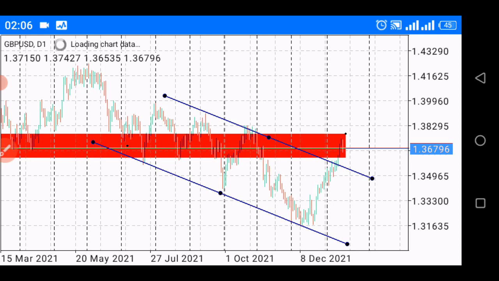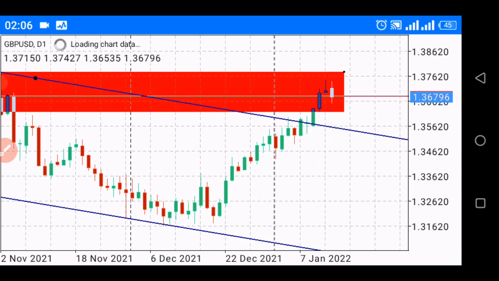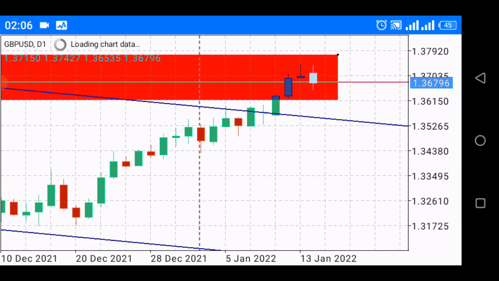The first one is the momentum candlestick. The momentum candlestick is a candlestick with a full body or with little shadow or wick. You can see a momentum candle here.